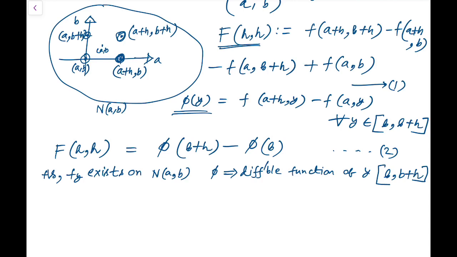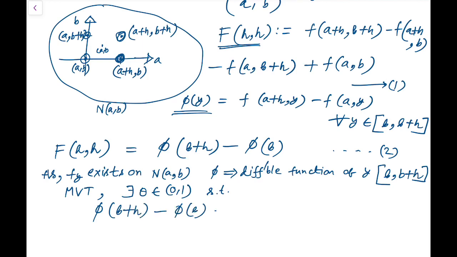Then we can apply the Lagrange's MVT, mean value theorem, such that there exists theta belongs to (0, 1), such that phi of (b plus h) minus phi of b will be basically h into phi dashed of (b plus theta h), right? This is basically by applying Lagrange's MVT.